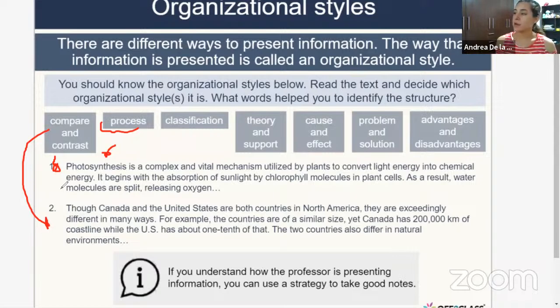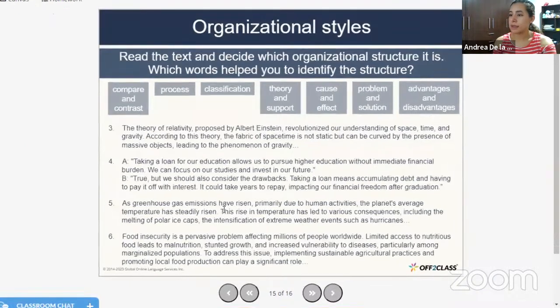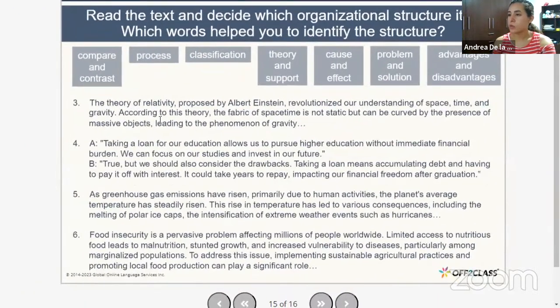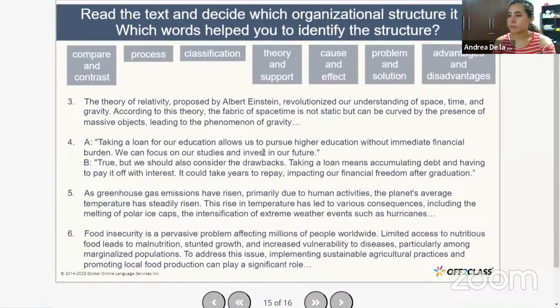So they start looking at the differences and the similarities of both countries, right? That's comparison and contrast. Another one that is very common is classification. When you have the types of something, let's say that you have types of, we probably have an example here.